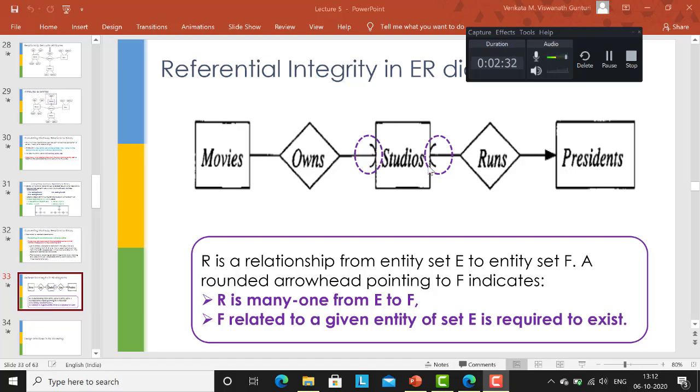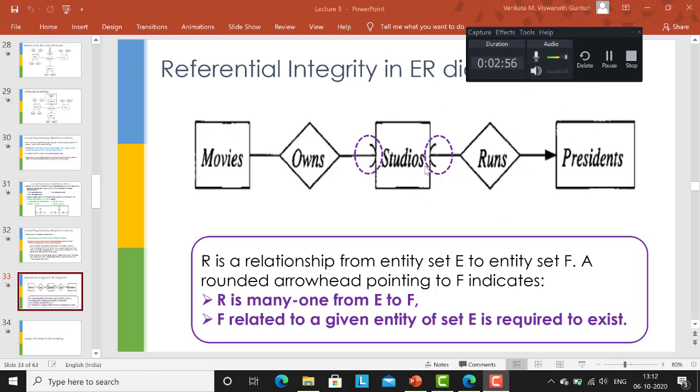That's a reasonable assumption. A studio can exist by itself without a president, because it can happen when the president gets fired or something like that. But if a president is indeed in the position of power, then he should be a president of a valid studio, otherwise it does not make sense, right? So this is the concept of referential integrity.